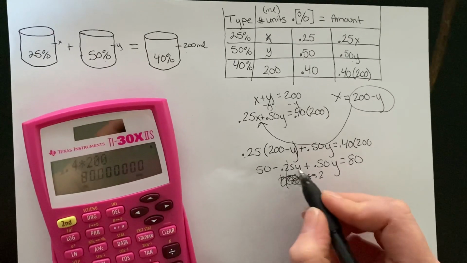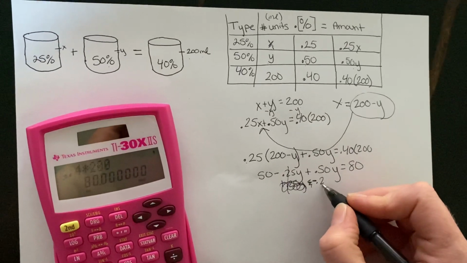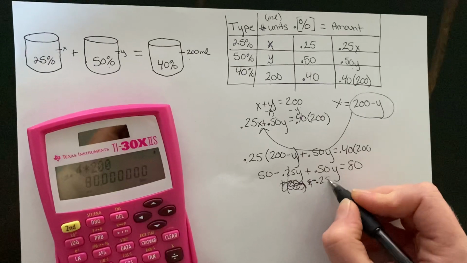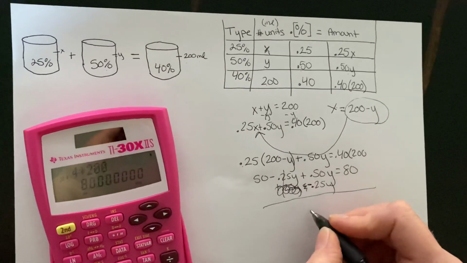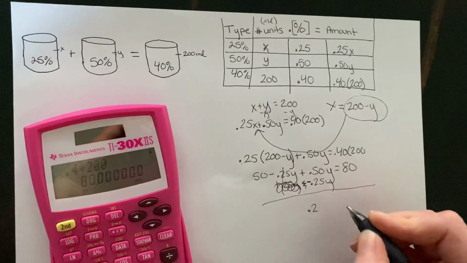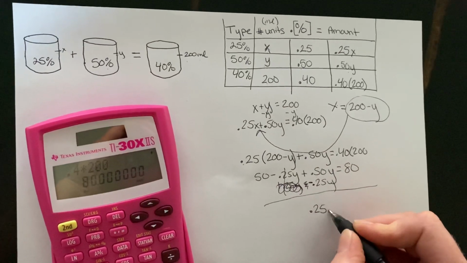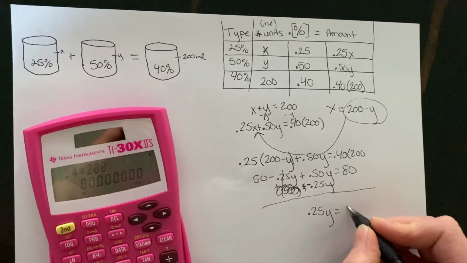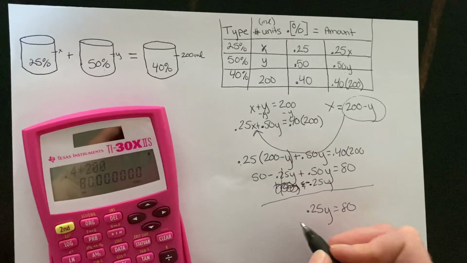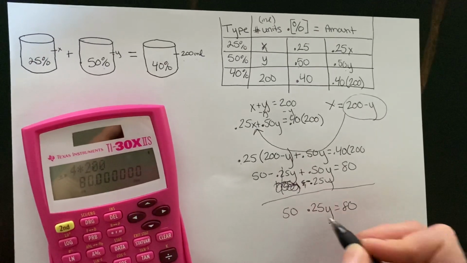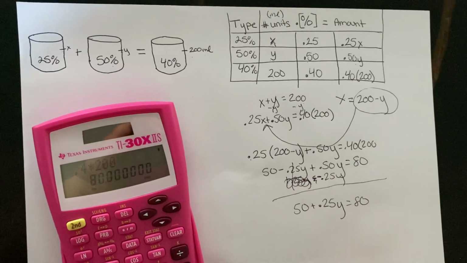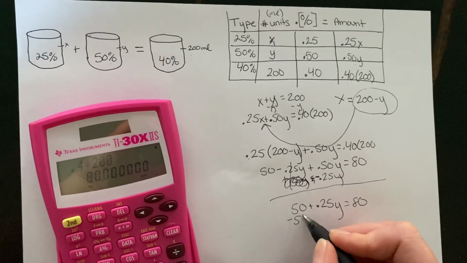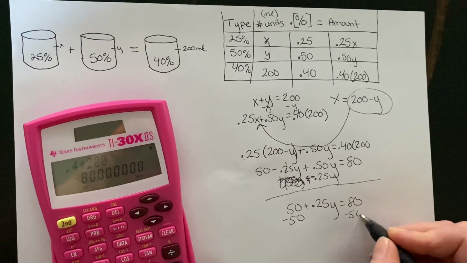We're going to subtract 0.25Y from 0.50Y, which is, again, you're just taking half away. So 0.25Y plus 50 equals 80. So now we will subtract 50 from both sides.